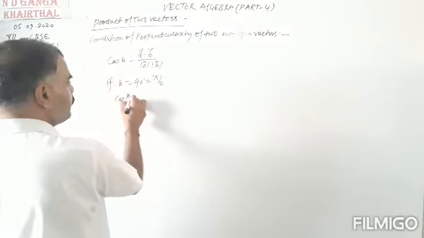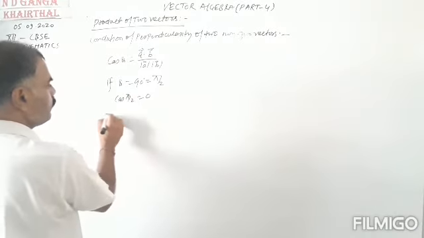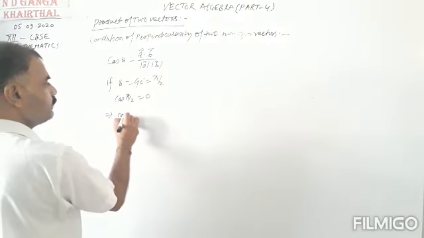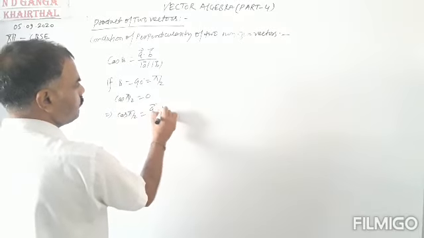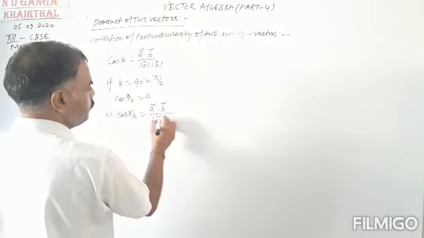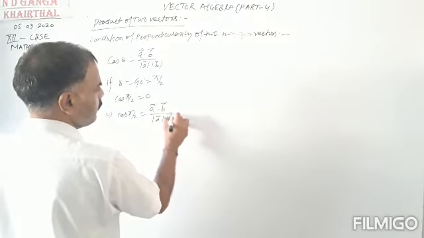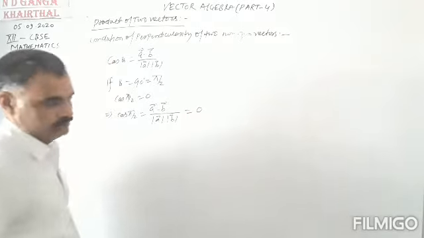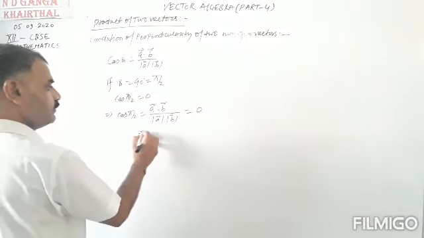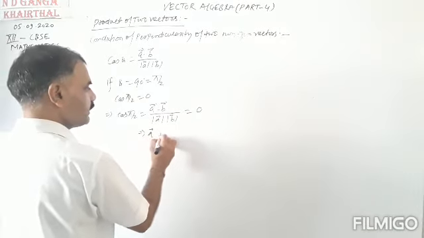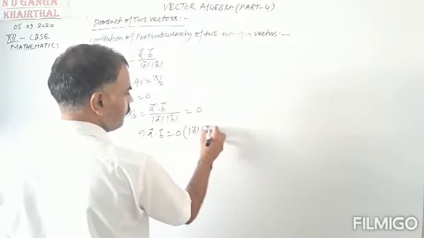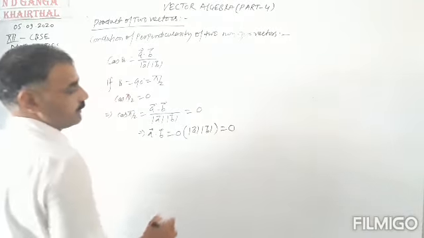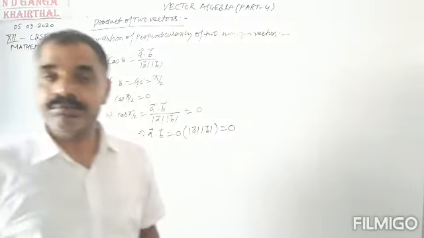So a vector dot b vector divided by magnitude a vector, magnitude b vector is equal to 0. So a vector dot b vector is equal to 0 multiplied by modulus a vector, modulus b vector, equal to 0. So what is the condition of perpendicularity?